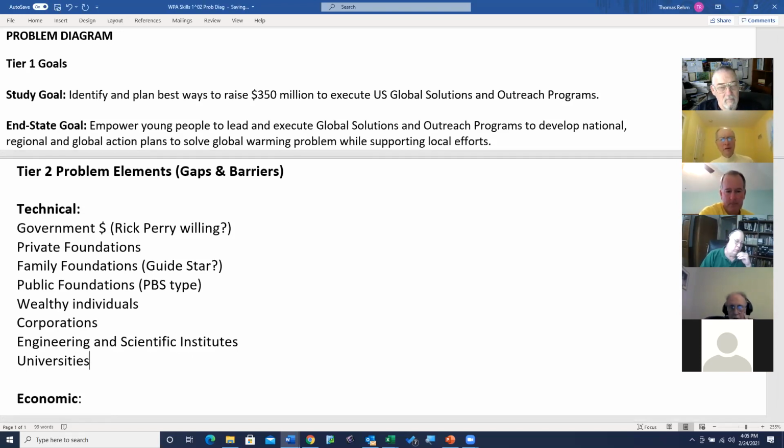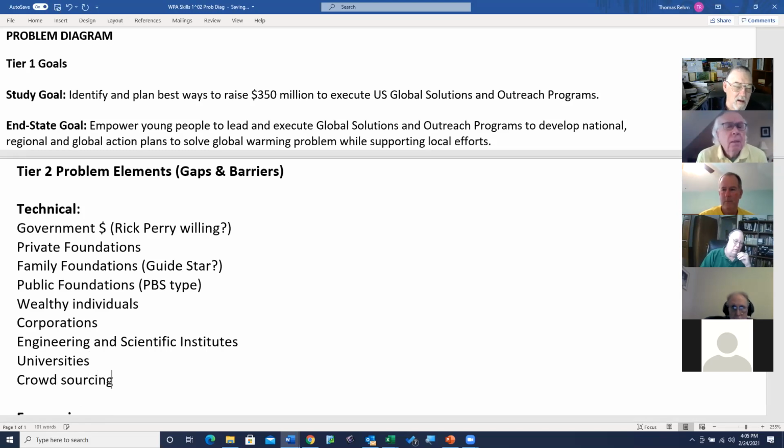It's also crowdsourcing. What does that mean? Oh, GoFundMe. There's all kinds of crowdsourcing funding for startup companies, startup institutions, things like that.